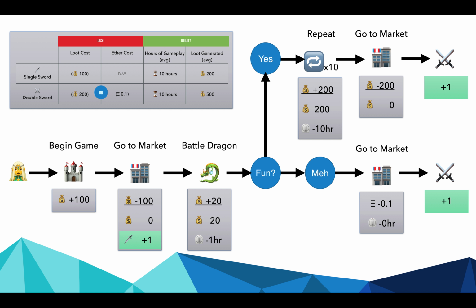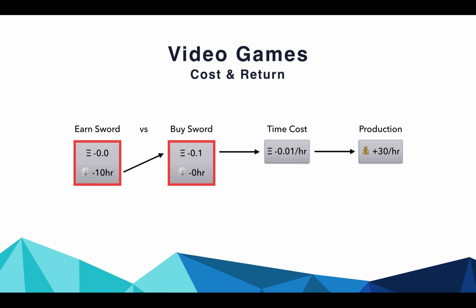And the important information to look at here in comparing the two decisions are what the player spent in each one of their decisions. So in the first decision, where they enjoyed playing the game, they spent 10 hours of their time. In the second decision, where they wanted to augment their gameplay, they spent 0.1 ETH.